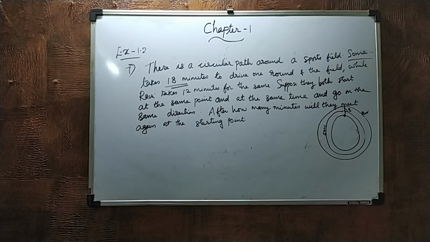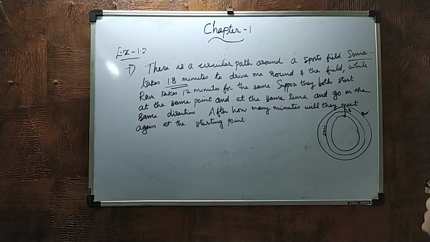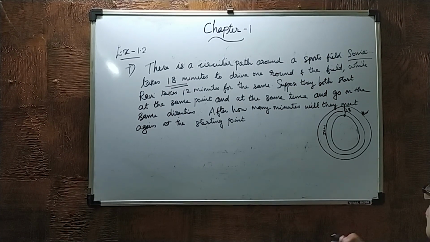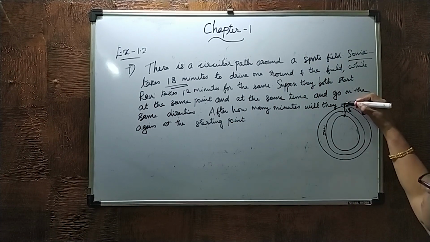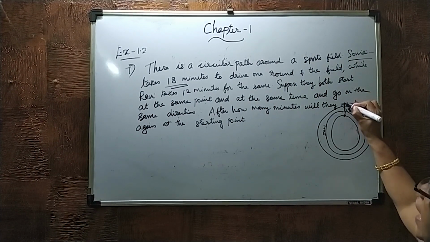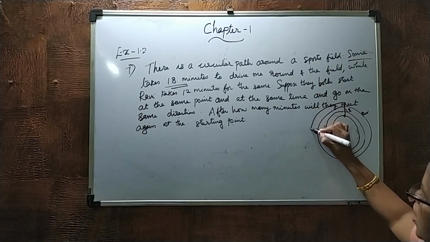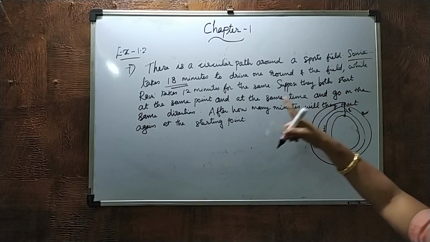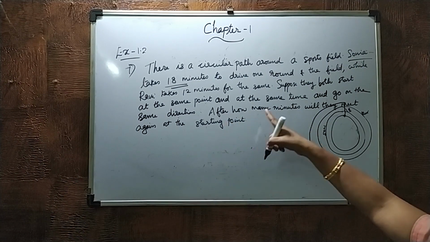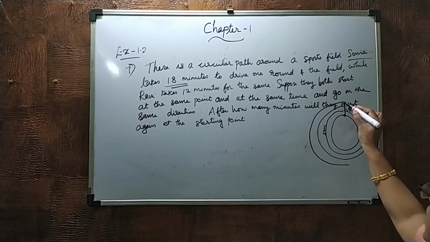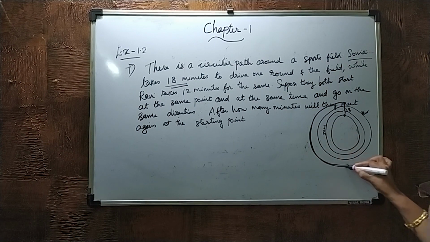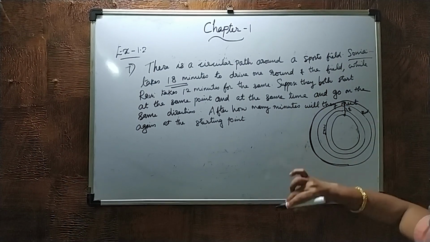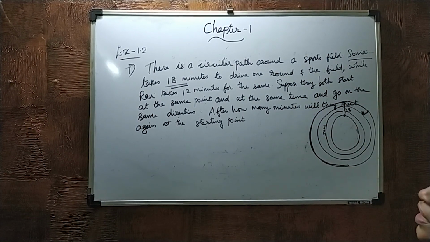What is the next thing? Suppose they both start at the same point, at the same time, in the same direction. The question is when they will meet together at the starting point.